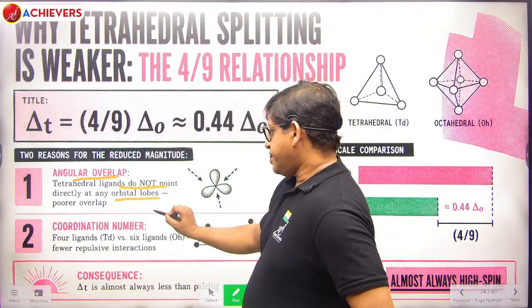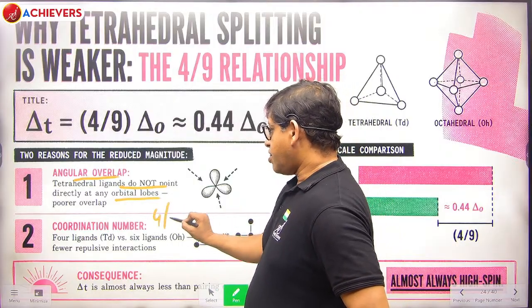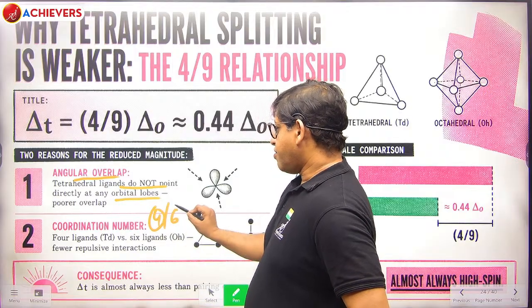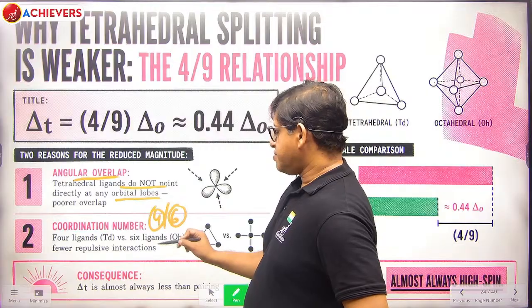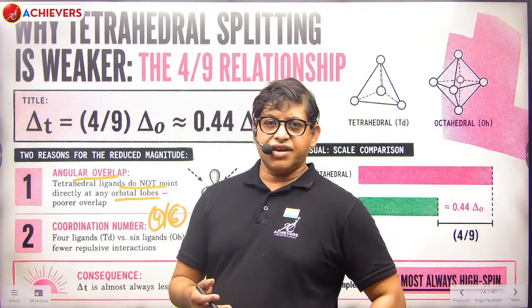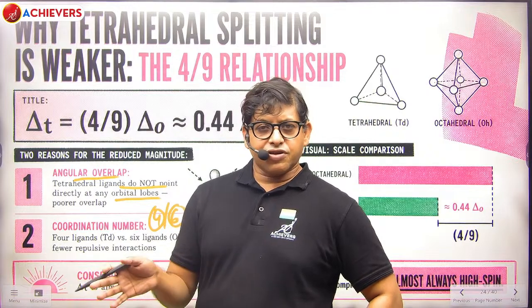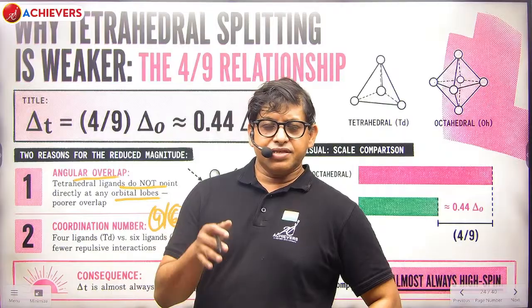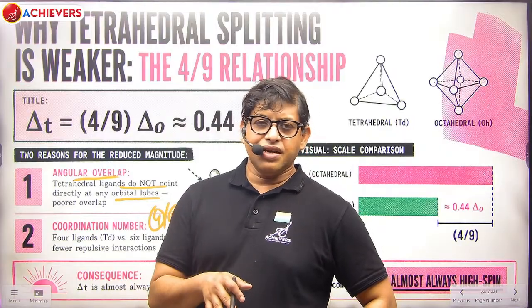Also, the coordination number is 4 for tetrahedral and 6 for octahedral. So the number of ligands interacting with the metal ion is 4 for tetrahedral and 6 for octahedral. Both the number of interactions as well as the approach are lesser in tetrahedral.